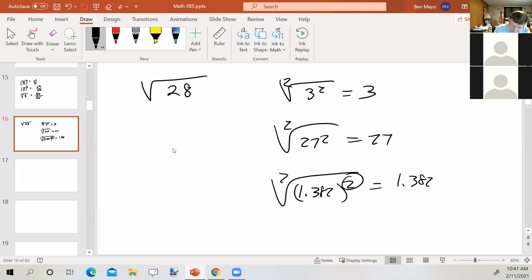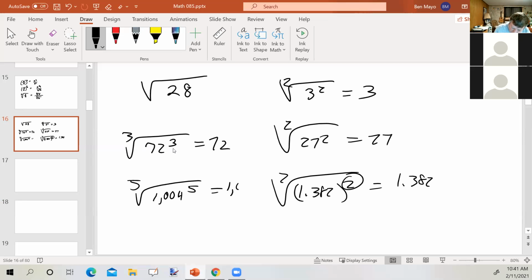What if I have the cube root of 72 cubed? Well, that's going to be 72. What about the fifth root of 1004 to the 5th power? That would be 1004, because in each case, the index and the exponent reduce out, or undo each other.